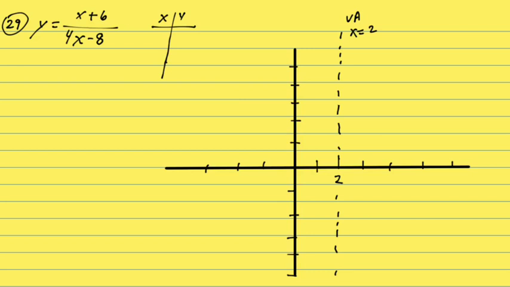So I have a vertical asymptote at 2. Please notice that the degrees are the same, so you have to divide your coefficients. So your horizontal asymptote is not at 1, but it's at 1/4. So I have a horizontal asymptote at 1/4.